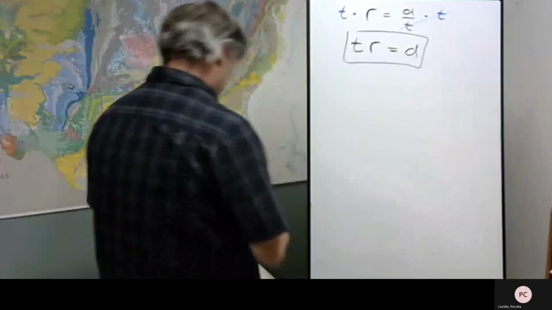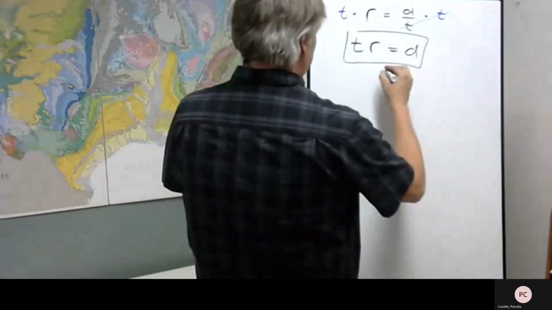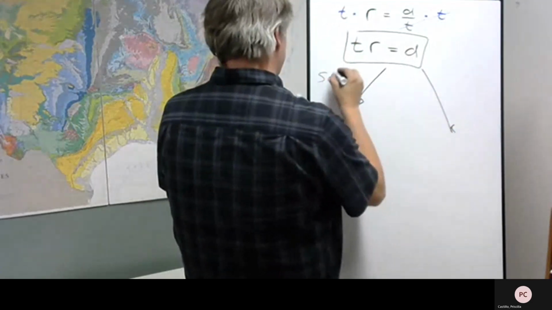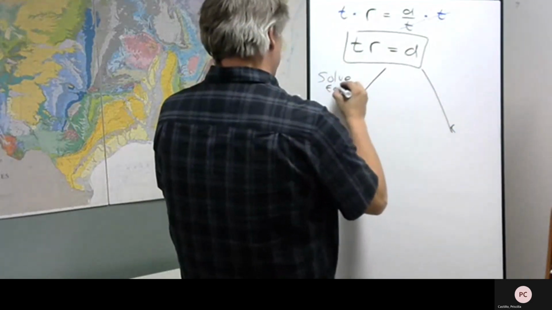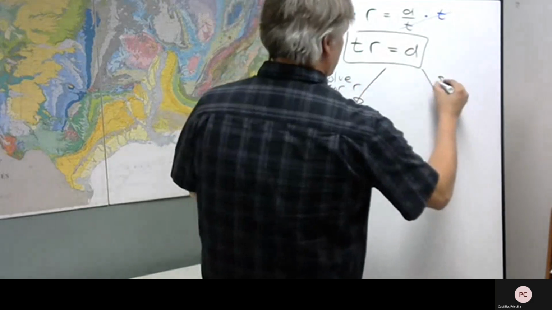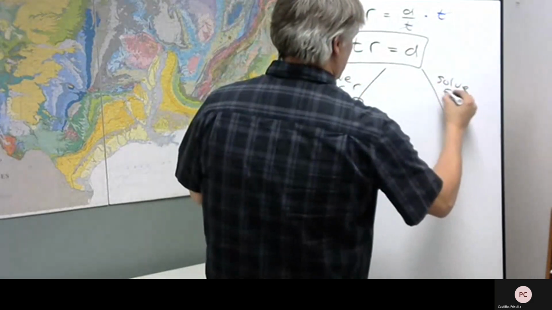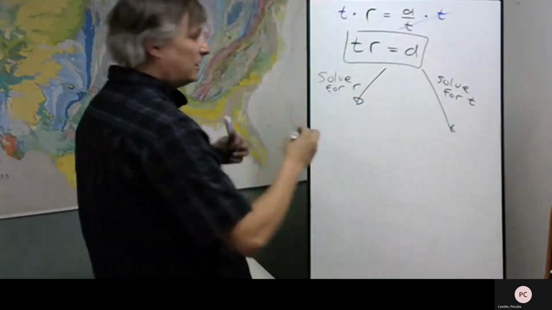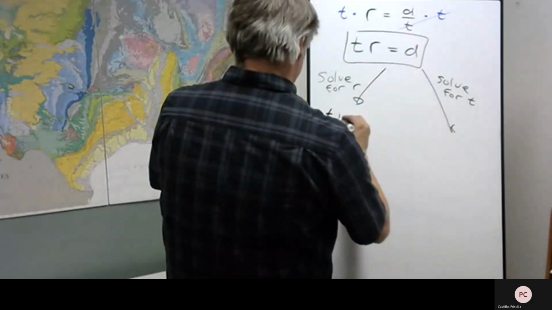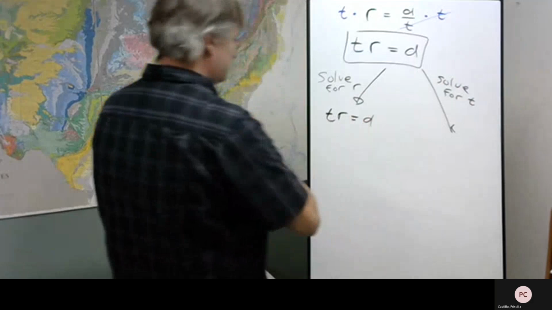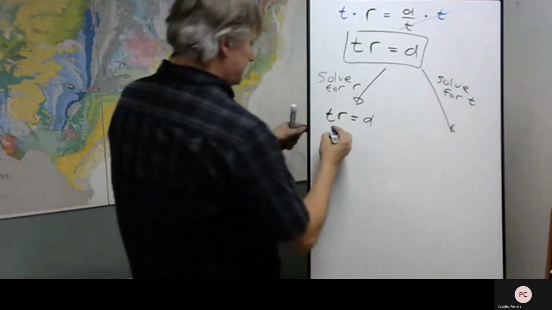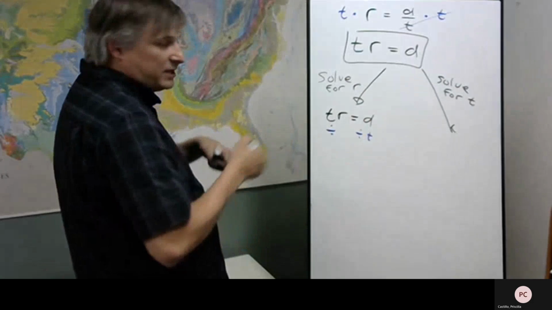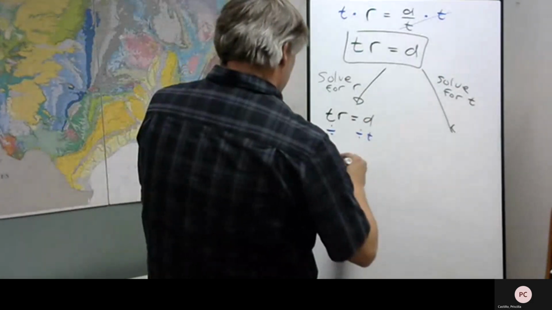So for example, we could solve for R or solve for T. So for R, divide both sides by t, and we get our old rate equation.